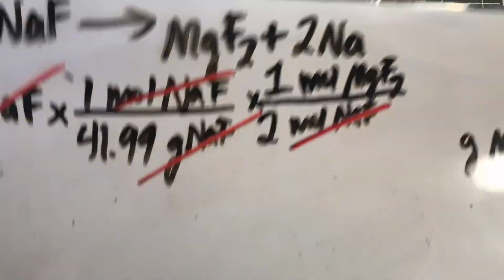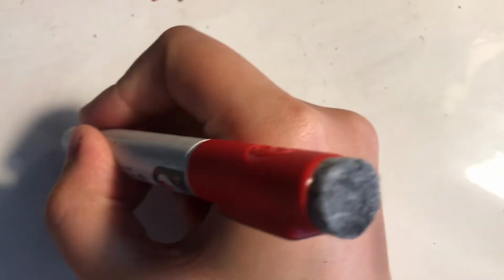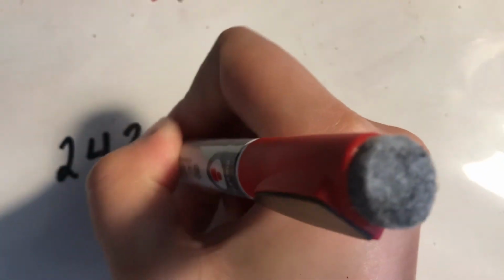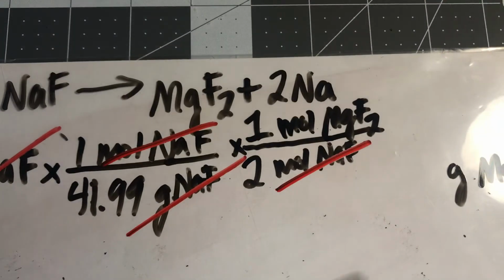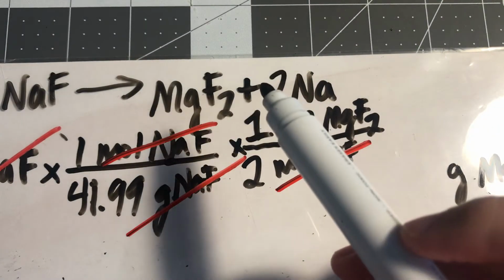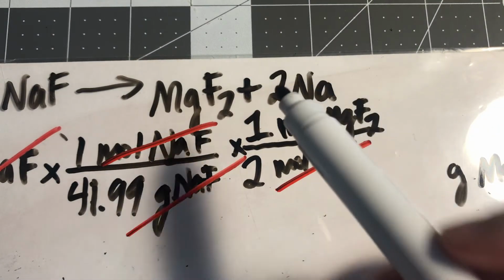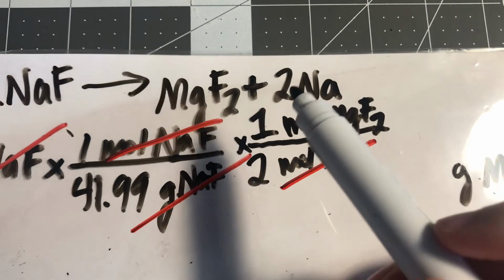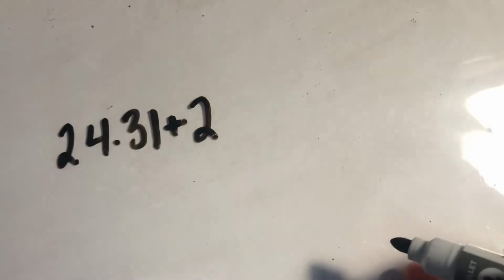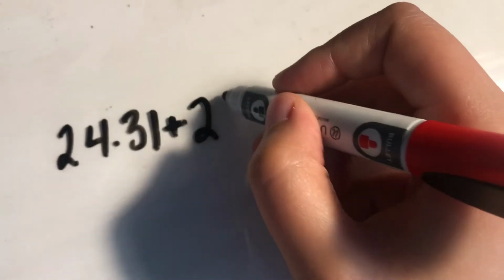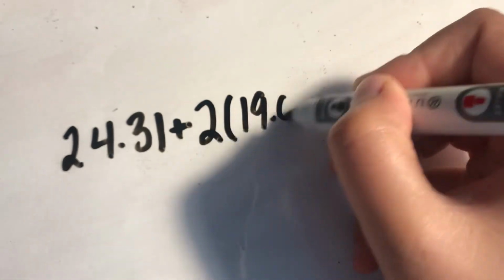So let me bring this up just a little bit. I go back to my handy dandy periodic table. Magnesium has a mass of 24.31, plus, keep in mind, some of y'all tripped up with the subscripts and finding molar mass with the subscripts. We have 2 fluorines, and fluorine has a mass of 19.00.